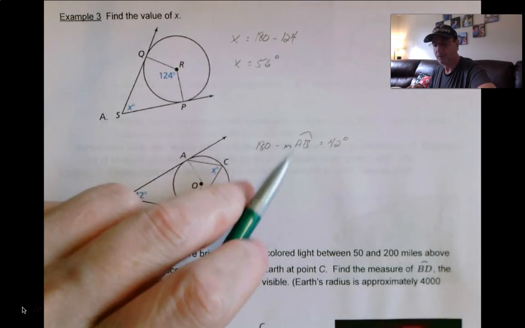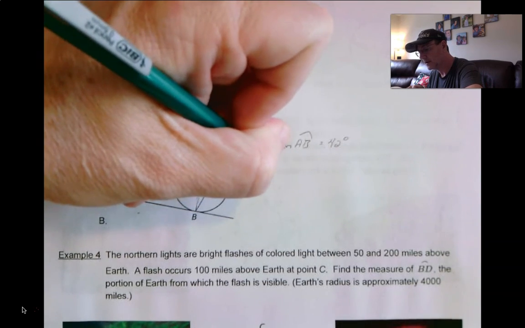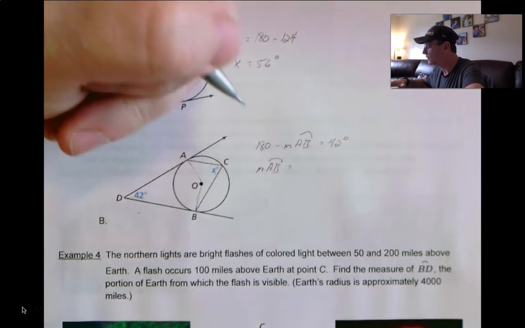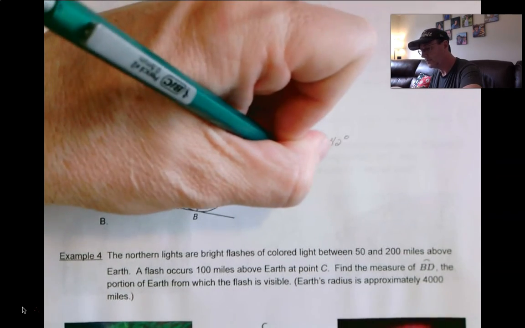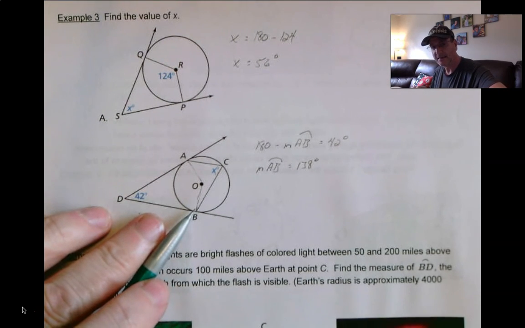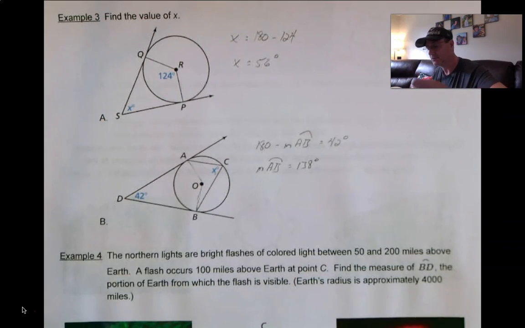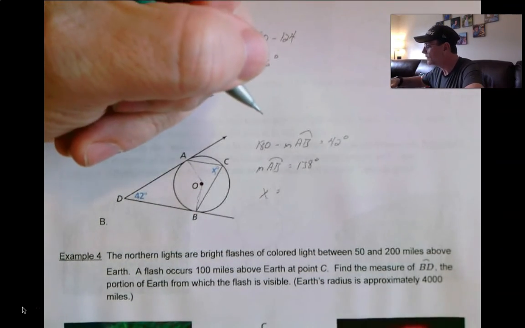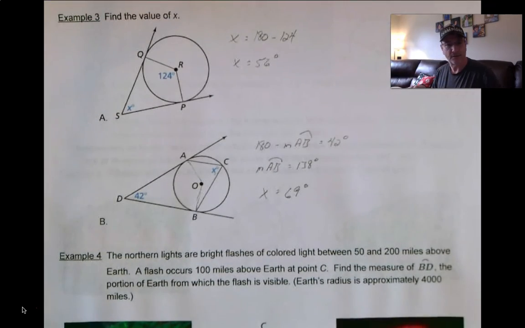So subtract 42, add measure of arc AB, measure of arc AB is equal to 180 minus 42, it's 138 degrees. And the measure of angle ACB, or x, is half of that by the inscribed angles theorem. So x is equal to half of 138, or 69 degrees.